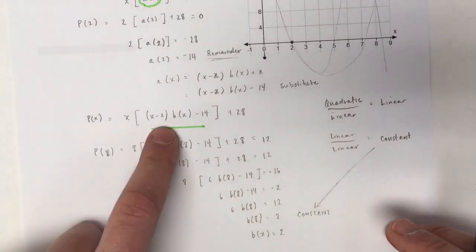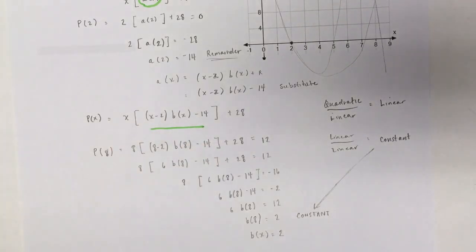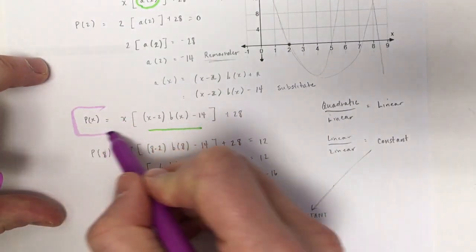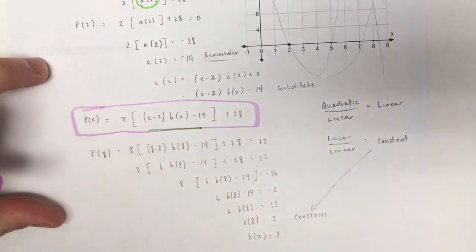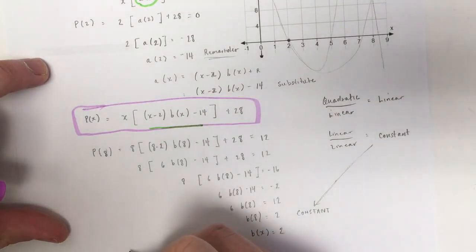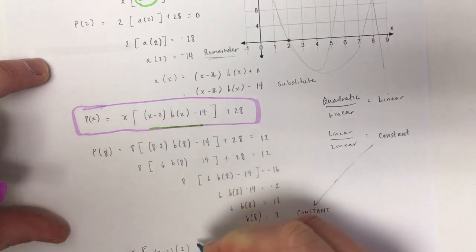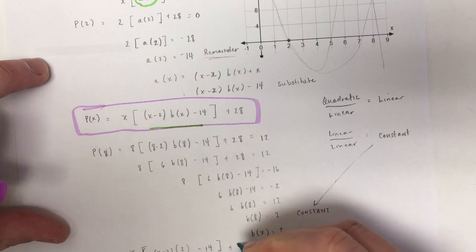Again, you have to go back, substitute this all into the equation right here. So I'm back referencing this. And so I look at it and I'll say, well, x times x minus 2, b of x is a constant at 2, minus 14 plus 28.